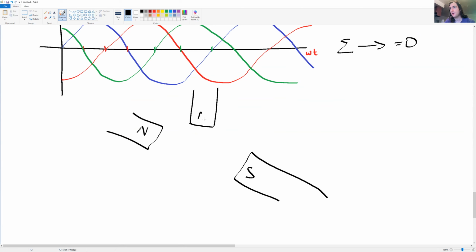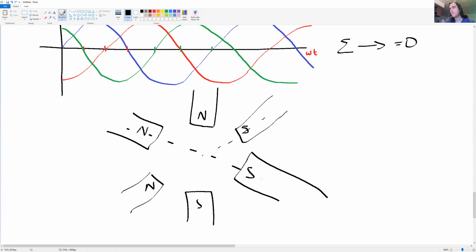And these magnets are all 120 degrees rotated from each other. Or rather 60 degrees. The angles between each of these is 60 degrees.